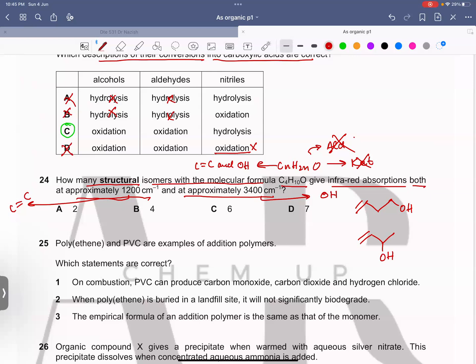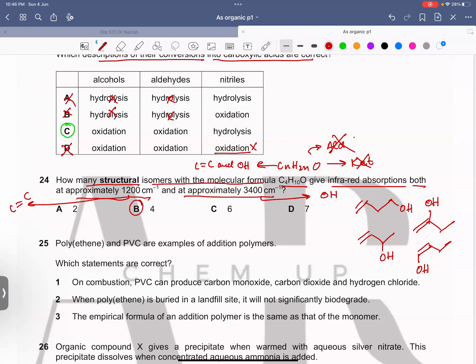Then the third isomer, the fourth one. So here we are getting the 4 structural isomers of C4H10O, which have both an alcohol and a C=C double bond, which makes B the correct answer.